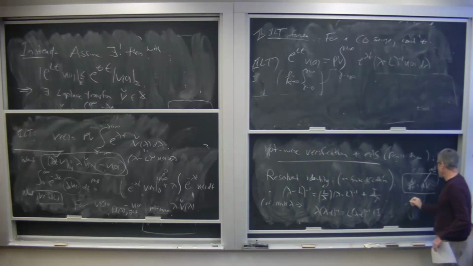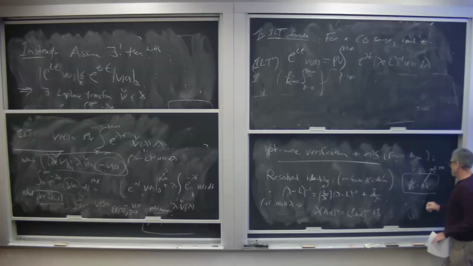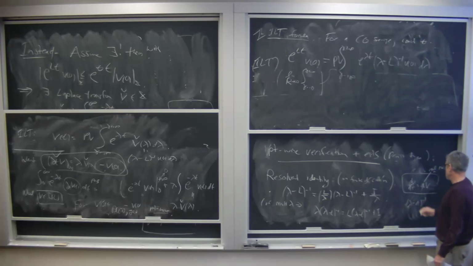And then this is L. And then (lambda minus A) inverse, well, it's just a number. And if we want to integrate e to the lambda t over lambda minus A, well, it's not absolutely convergent, and you need to estimate it.